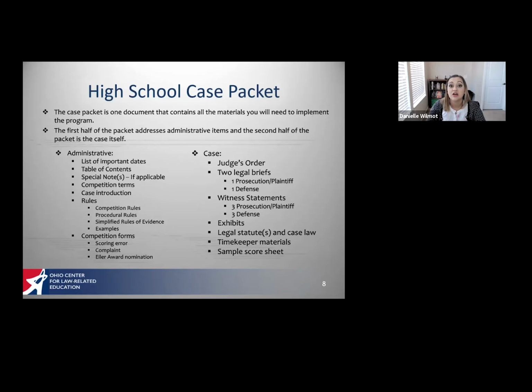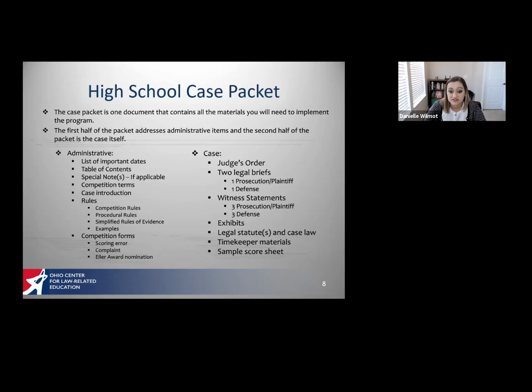So we give you the simplified rules of evidence and common examples of what that might look like in a trial. So it can be a little overwhelming to read those simplified rules of evidence all the way through, but it is helpful because we have a whole example section. So if you have a question on it, try checking the examples first and see if that's explained. You can always reach out to me for any questions, but generally speaking, the answers can be found in the case file in one of the rule sections.